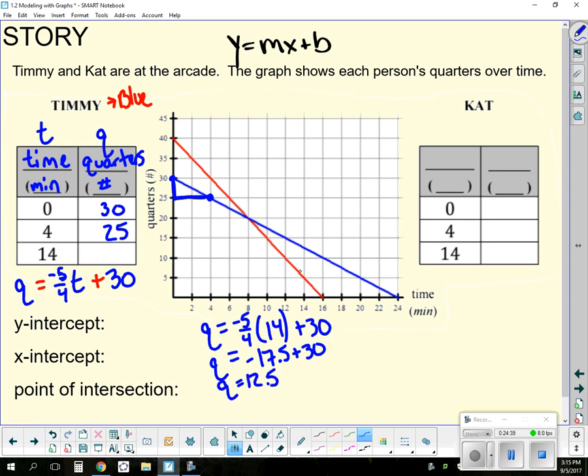And if you look, that looks to be about 12.5. Yep, halfway between the 10 and the 15. So our equation and our graph match up.